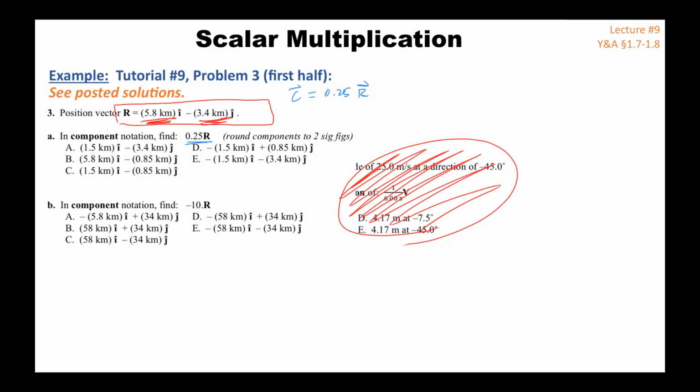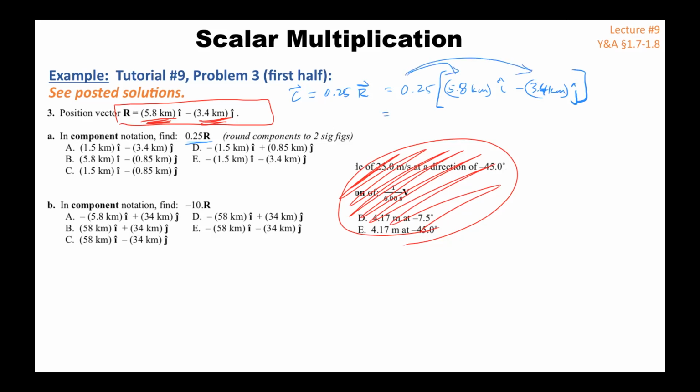Now 0.25 has no units, it's dimensionless, that's fine. We're now going to multiply it through. So 0.25 times 5.8 kilometers I hat, minus 3.4 kilometers j hat. Now we're just going to use the distributive property and multiply this through.